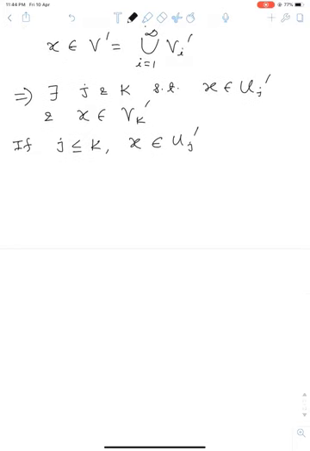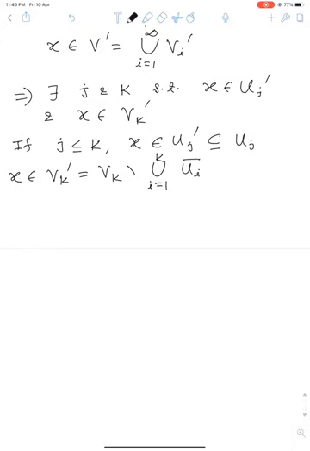Now this is a subset of Uj, right? Now on the other hand, x belongs to Vk dash, which is Vk minus the union of i equal to 1 to k Ui closure, right?